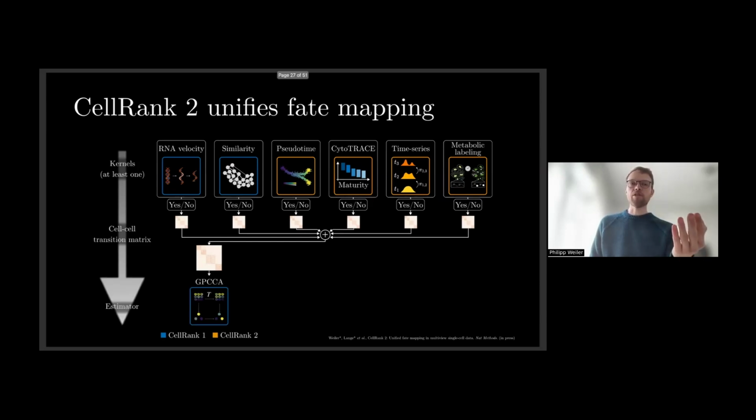And following that, you can infer future states. This is done with our estimator. So at the moment, we only have one, but you could choose a different one. The idea here is that you use Markov chain theory by going from a high-dimensional space into a lower-dimensional space, solving the problem in the more tractable lower dimensional space and going back to the high dimensional space.